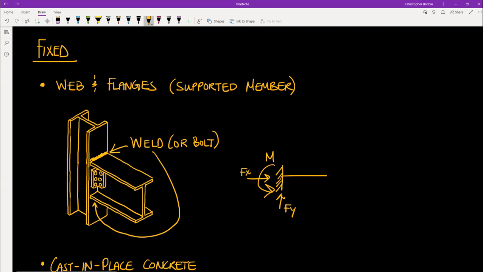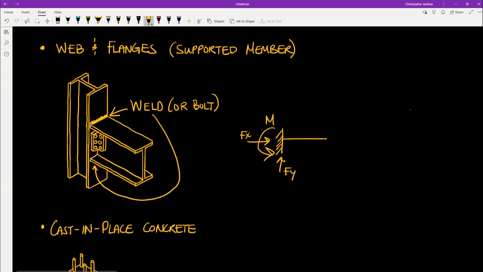In this condition, now that we have provided a connection between the flanges and the supporting member, we can pass a moment from our supported beam into our supporting column. So a fixed connection requires that we attach, either by welding or bolting, both the top and bottom flange of our member to our supporting member.